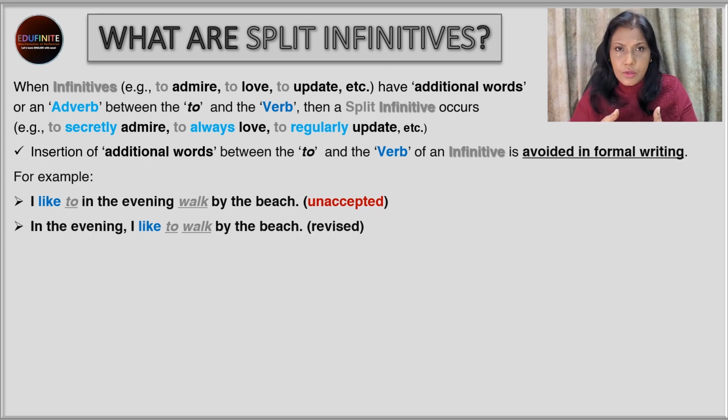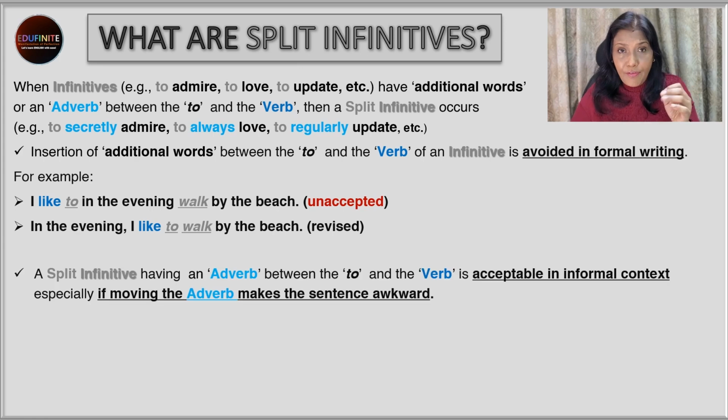A split infinitive having an adverb between to and the verb is acceptable in informal context, especially if moving the adverb makes the sentence awkward. That means when we are in some informal context, like when we are just talking or something of that sort, suppose we insert an adverb in an infinitive and make it a split infinitive.